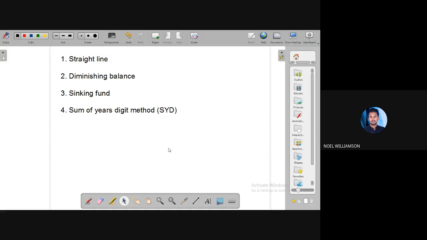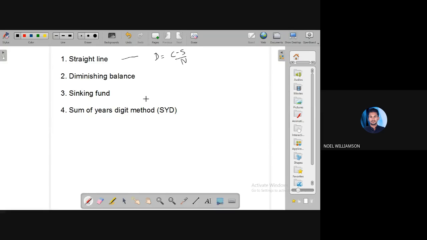So we are left with two more methods, that is the sinking fund method and the sum of years method. In the straight line method, we found the annual depreciation by D equal to (C minus S) by N, and using this value you found the annual depreciation charges.